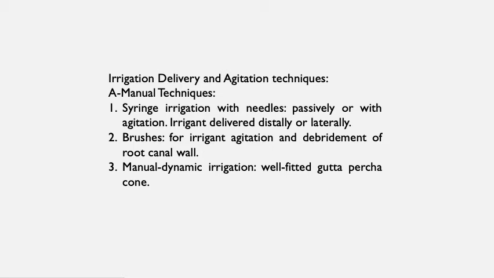If you place the irrigant inside the canal and use the brush, you can do some sort of mechanical and chemical agitation and irrigation of the root canal system. Again, manual dynamic irrigation is the well-fitted gutta-percha cone, which will spread the irrigant onto the walls and make sure you have a better antimicrobial effect.